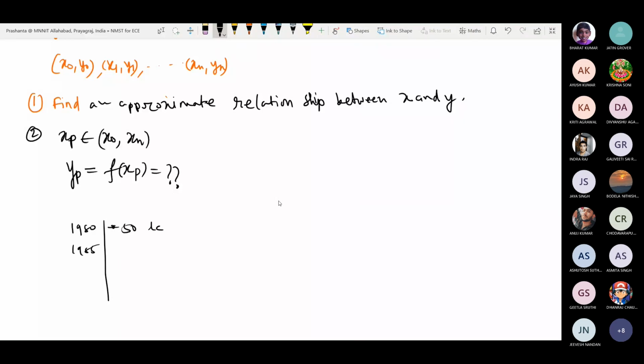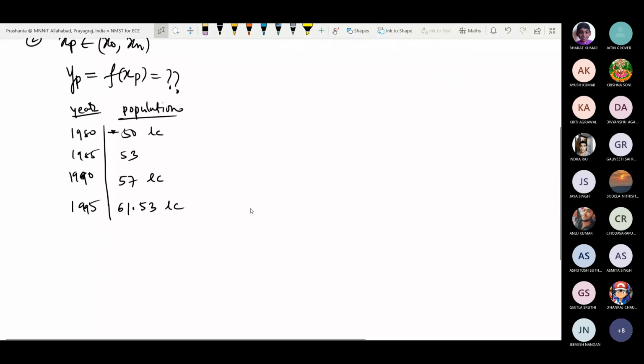Then 1985, let's say 53. 1990, let's say the population is 57 lakh. 1995 population is, suppose, 61.53 lakh. And suppose I am giving one more data point in the year 2000. Suppose the population is 66.5.